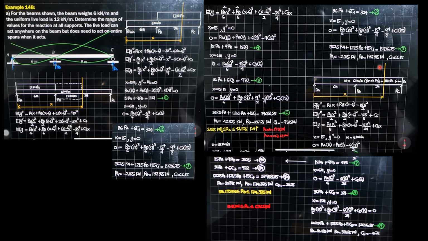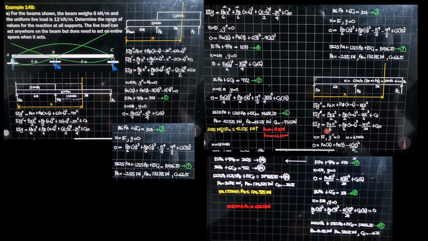When W is 6, this is the section. EI y double prime equals RA x plus RB times quantity x minus 6 minus W times x over 2, so minus W x squared over 2. Integrating, EI y prime equals RA over 2 x squared plus RB over 2 quantity x minus 6 squared minus W x cubed over 6 plus C sub 5.